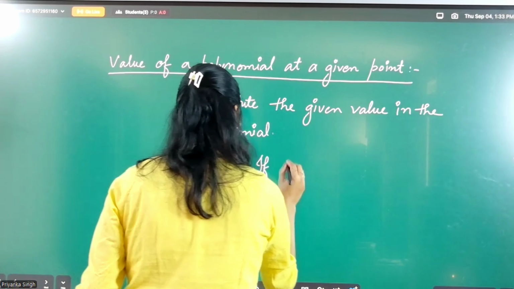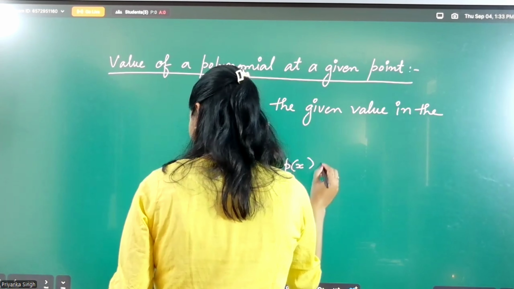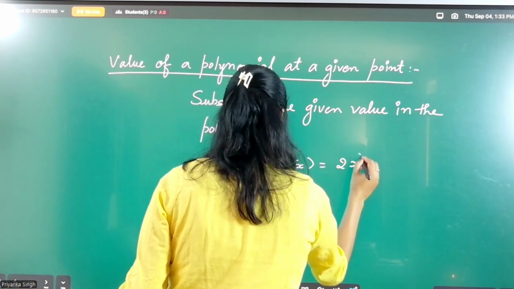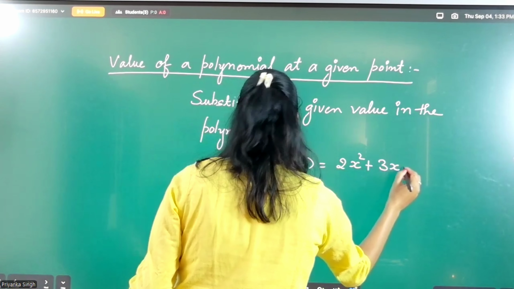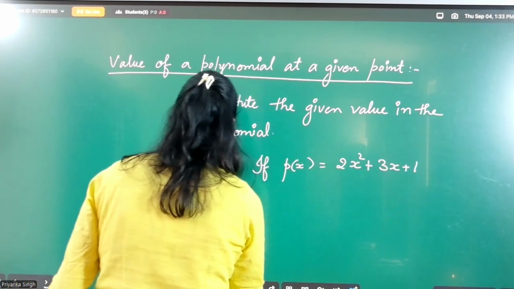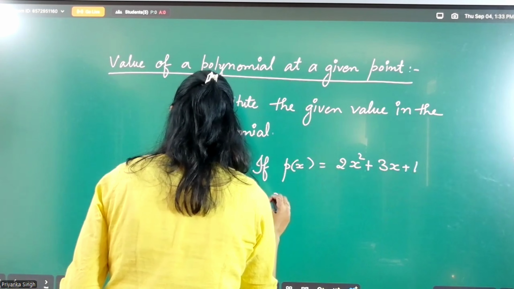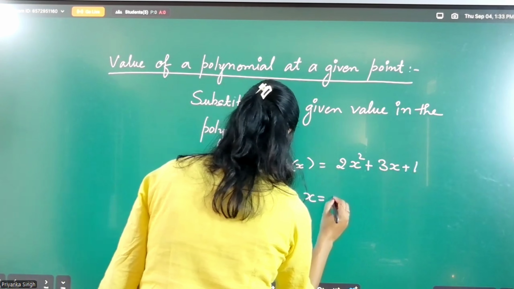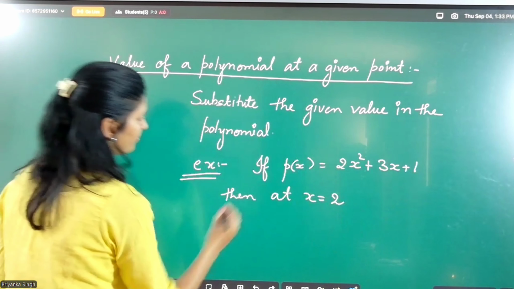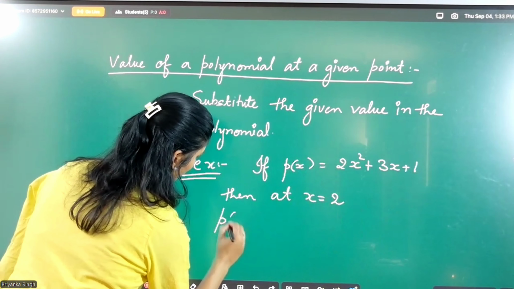If px is equal to 2x square plus 3x plus 1, then at x is equal to 2, what will be the value of Px? X is equal to 2.